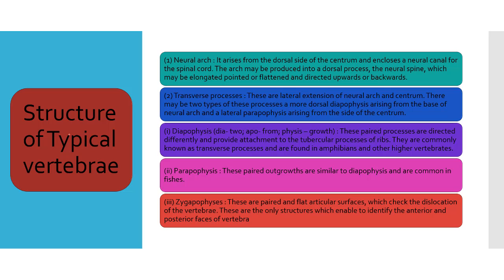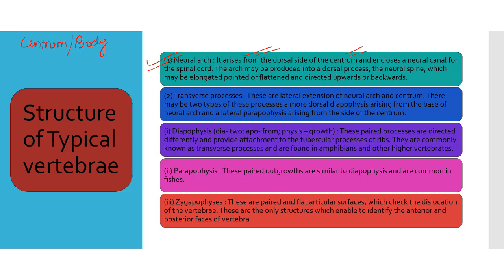This is the structure of a typical vertebra. A typical vertebra contains the centrum or body, and a posterior portion called the neural arch. It arises from the dorsal side of the centrum and encloses a neural canal for the spinal cord.